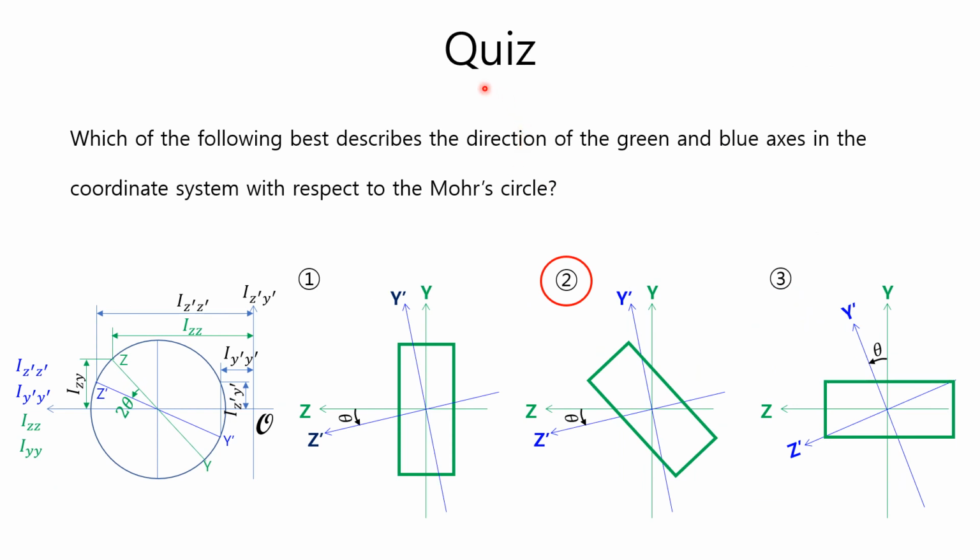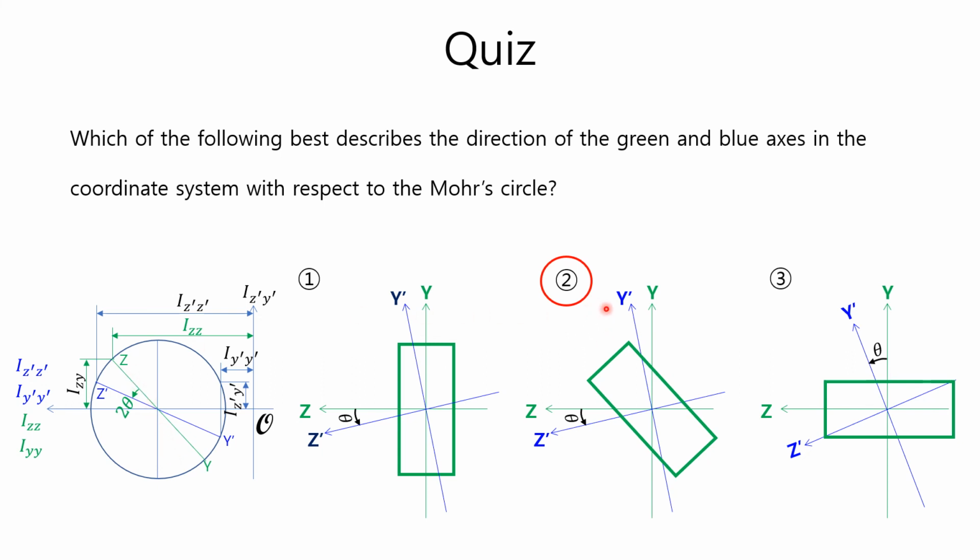The answer to the quiz is number 2. In number 1 and number 3, the original axis marked in green is the principal axis, as you can see here, but the green axis indicating the original axis in Mohr circle is not the principal axis.